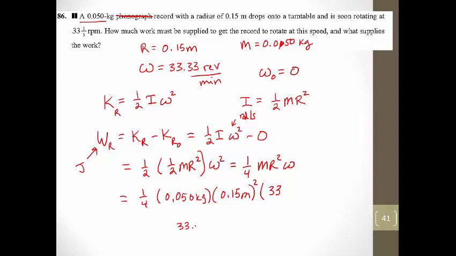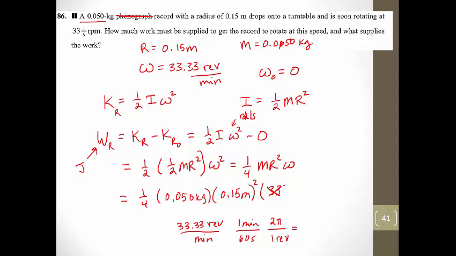So I have 33.33 revolutions per minute. Right? 1 minute has 60 seconds. 1 revolution has 2 pi radians. And so now I can figure out what omega is, but I can't use the value in revolutions per minute.